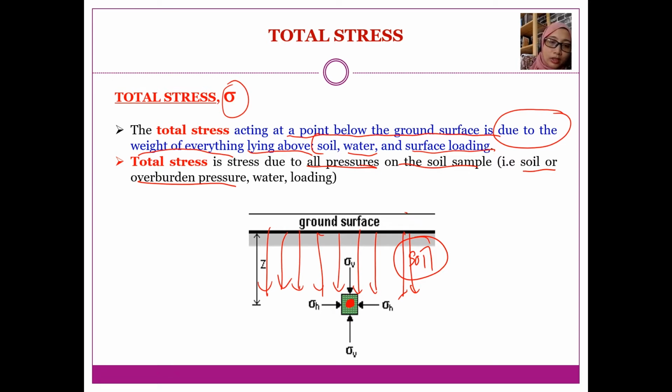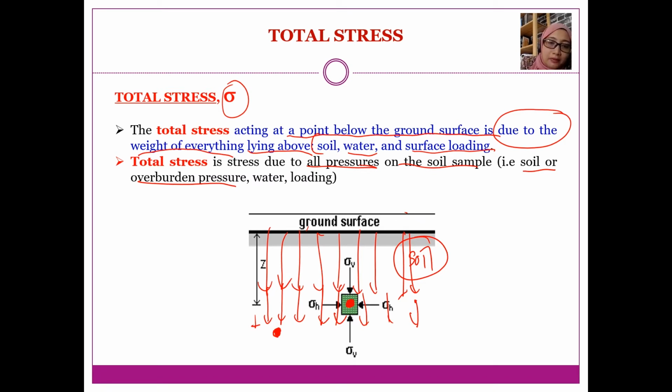Let's say you want to know the total stress at this point. Due to the depth, we now have the overburden pressure from the layer above. At this point, it will receive the weight of the soil above, so that is the overburden pressure.